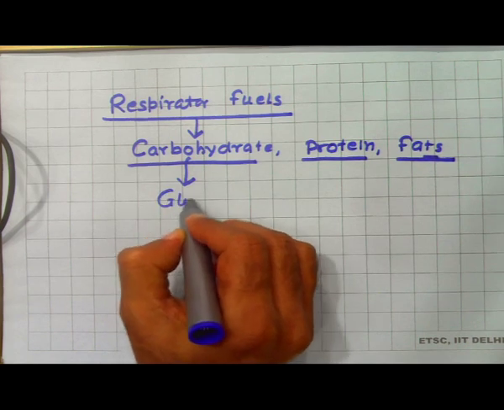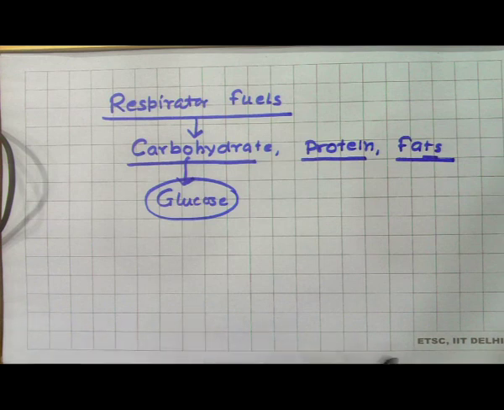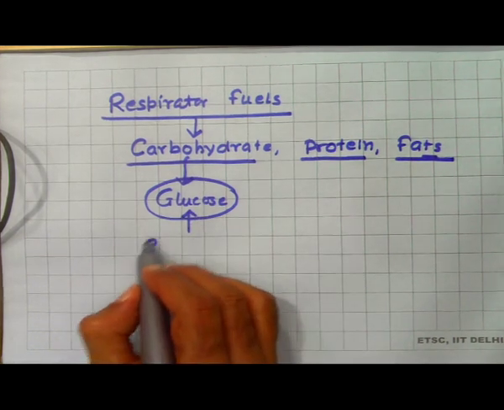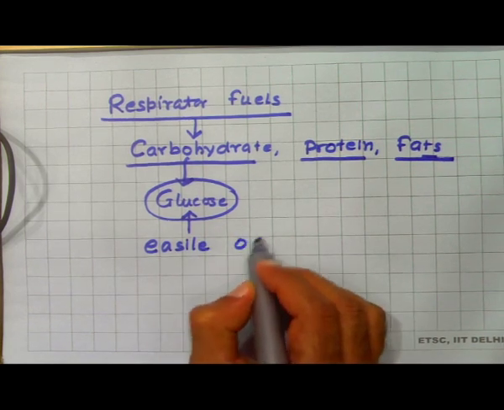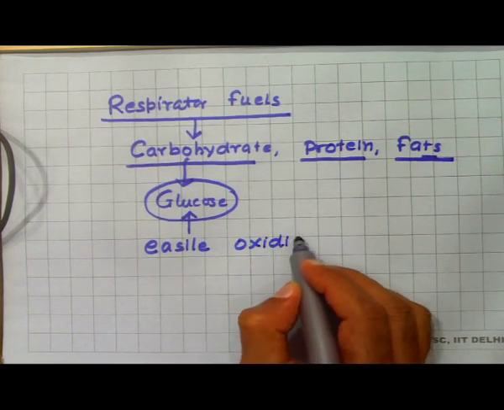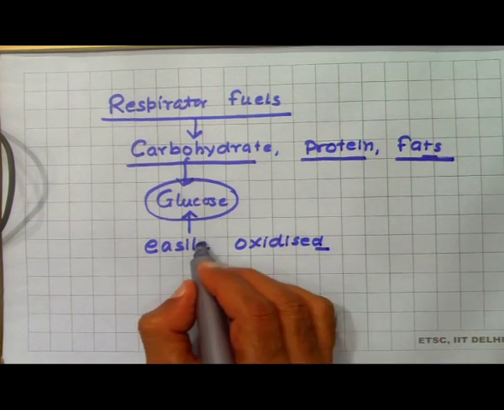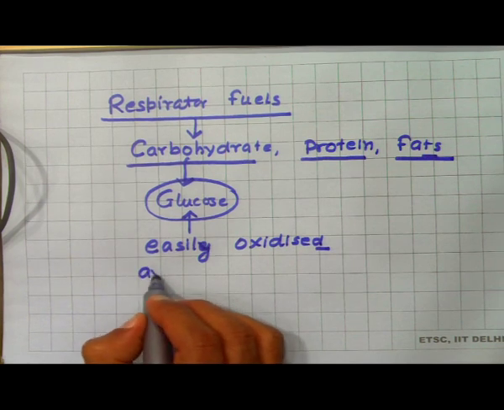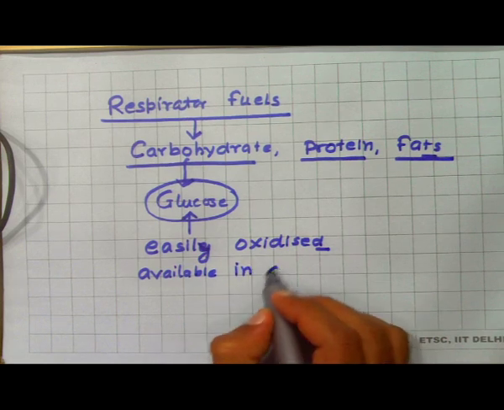In carbohydrate, glucose is most efficient, that is easily broken down. Glucose is used because it is easily oxidized, and it is available in our body fluid.